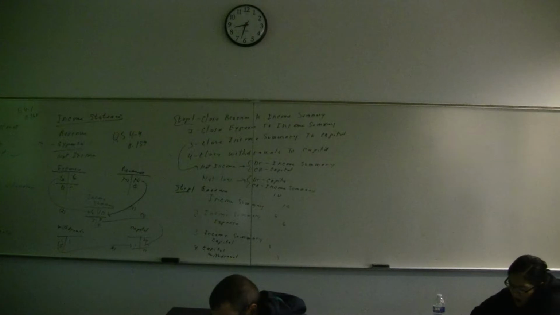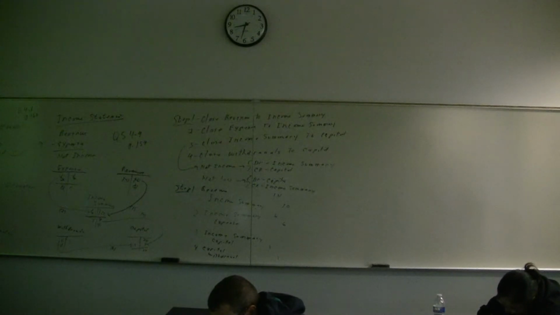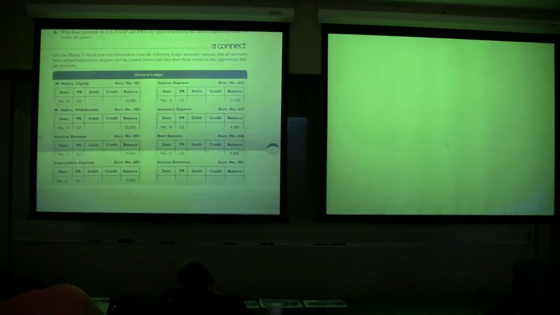So using the March 31st, use March 31st as the end of the fiscal year. From the following ledger accounts, assume that all accounts have normal balances, prepare the closing journal entries, and post those to the appropriate accounts.